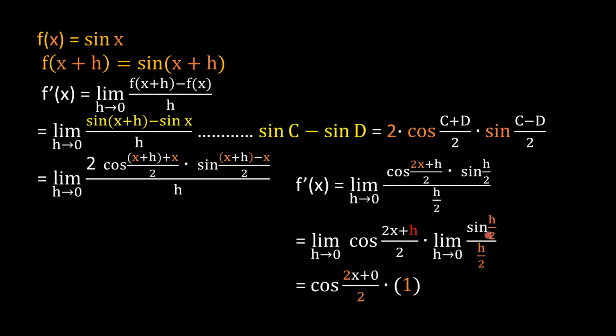The second limit will be 1 according to the formula that we have: limit of sin x upon x as x approaches 0 is 1. Now this 2 will get cancelled with this 2 and we get f dash x equals cos x.